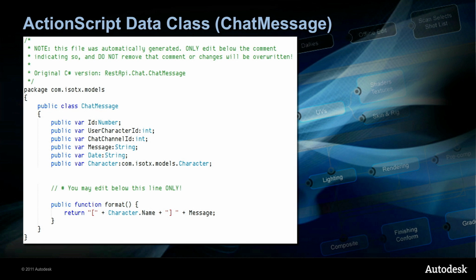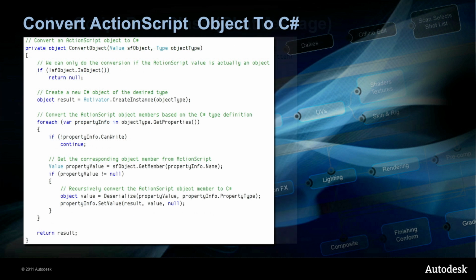So, like here's an example of our ChatMessage class. So this is something that would be in ActionScript that we then want to pass to C# to send to the server or display somehow. So what we end up doing here is the same kind of function going backwards again, but this time we're going from ActionScript back to C#.